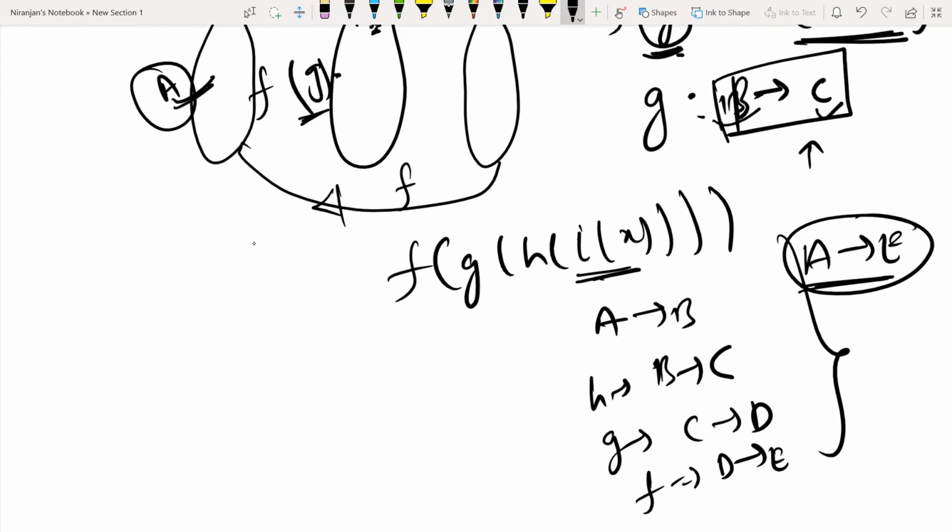But you don't have to worry about these nested functions because it's too lengthy. You just need to think of a maximum of two compositions.